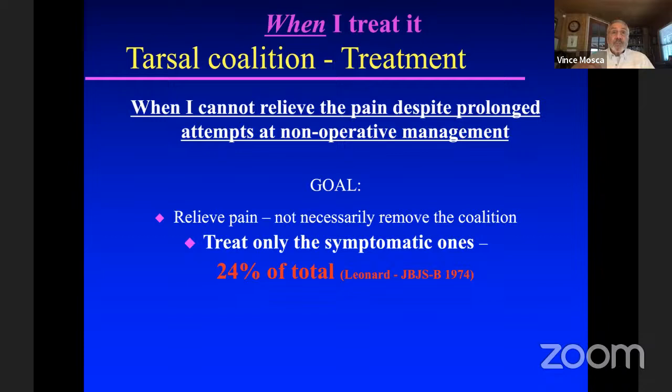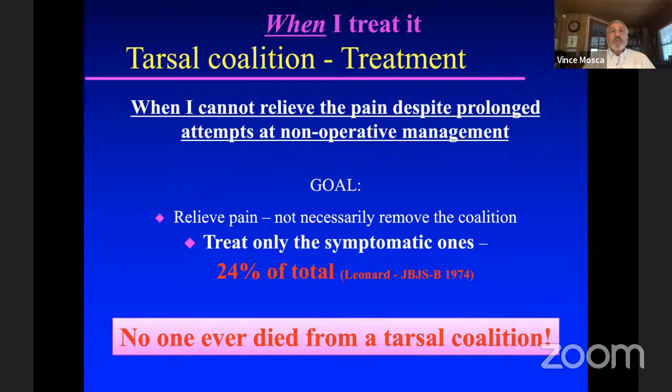Whereas if I fuse the subtalar joint, then odds are you're not going to do well. If I fuse the subtalar joint alone or perform a triple arthrodesis, the ankle joint will almost definitely become arthritic later on. So not the case if you have a coalition, but it is the case if we as surgeons fuse the subtalar joint.